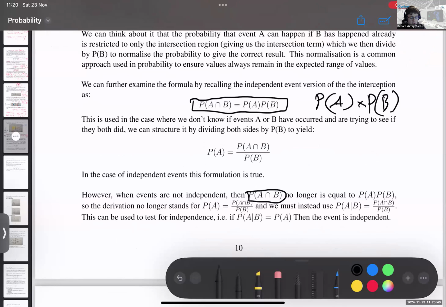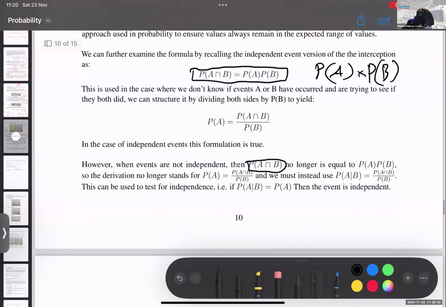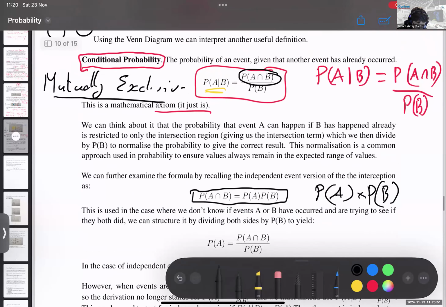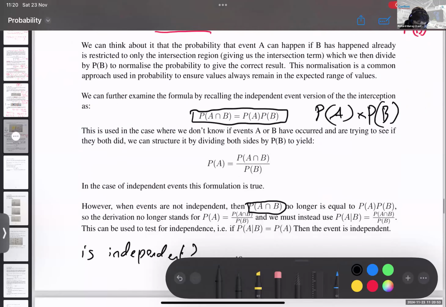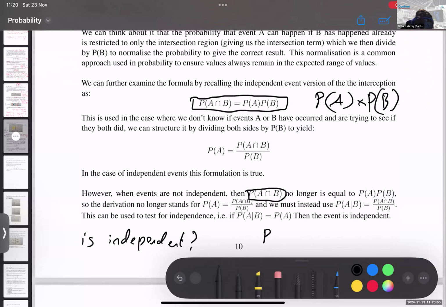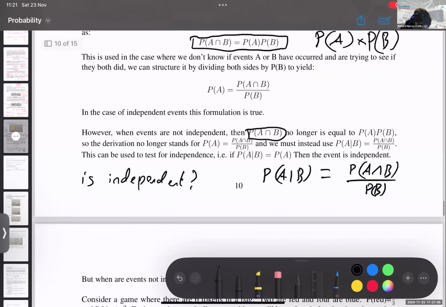So when I ask is something independent, we will apply both of these formulas to check. So we will use the probability of A given B is equal to the probability of A intersection B over B, and we'll find the value of this with this formula.